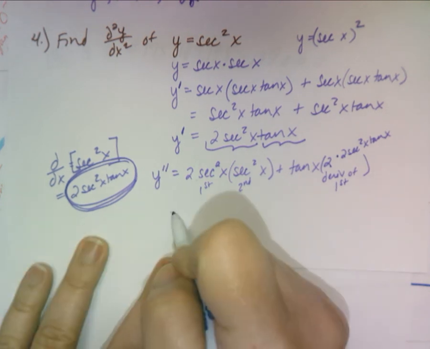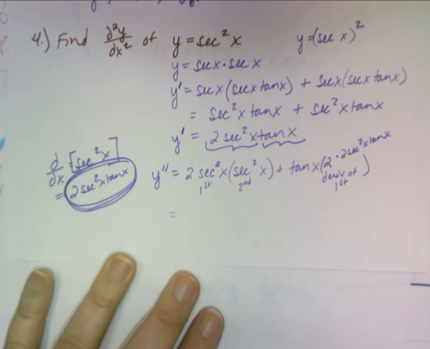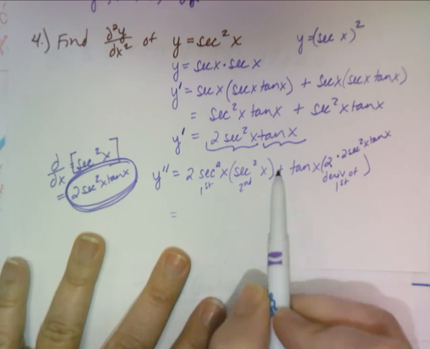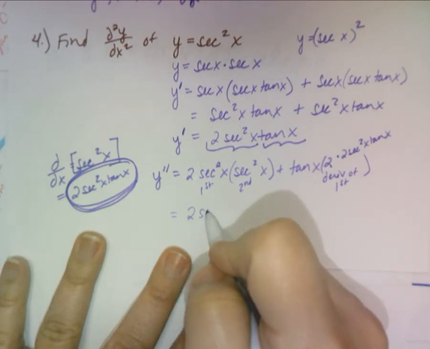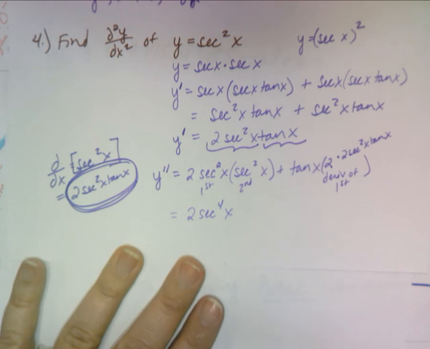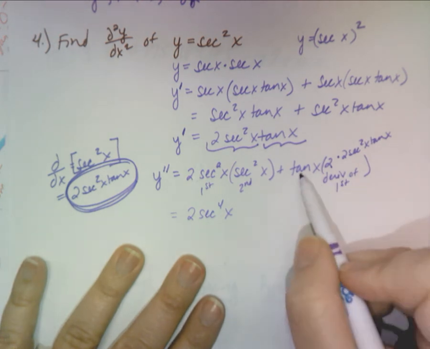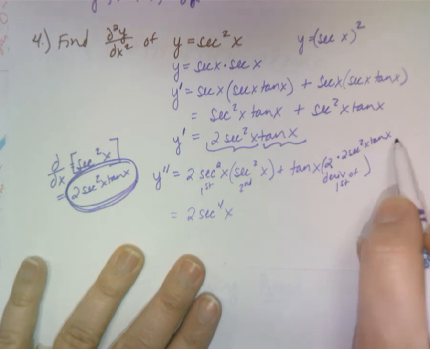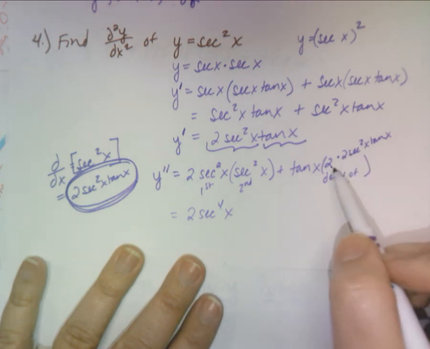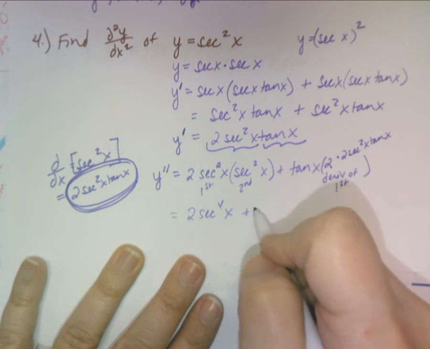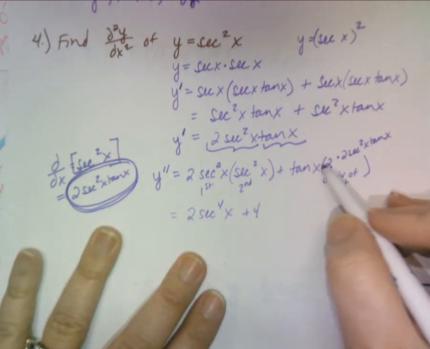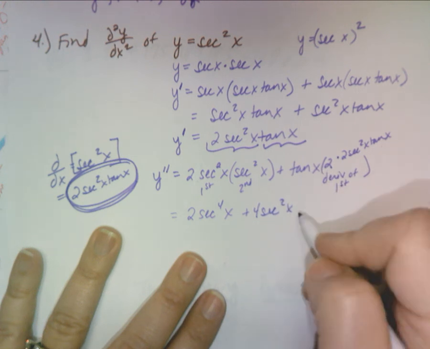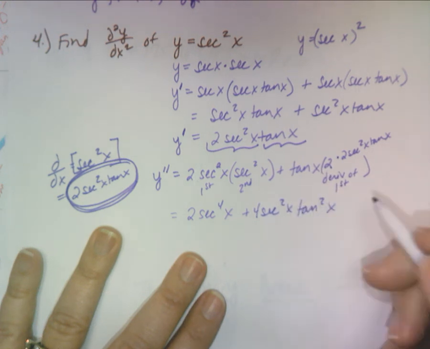Now, clean this up. So 2 secant squared x would become 2 secant to the 4th x. This is tan x times 2 times 2 times secant squared x times tan x, which would be, let's go, 2 times 2 is 4. I got a secant squared, and I got a tan times a tan, which is a tan squared.